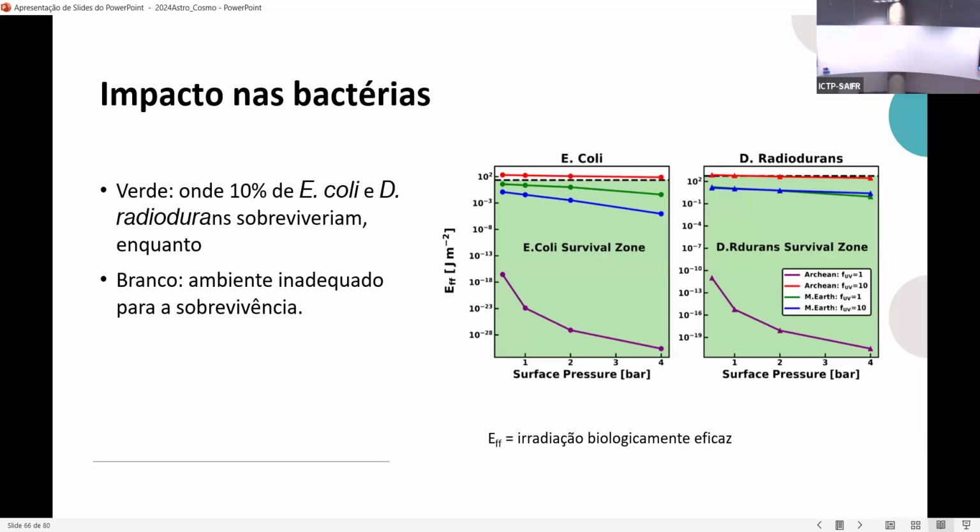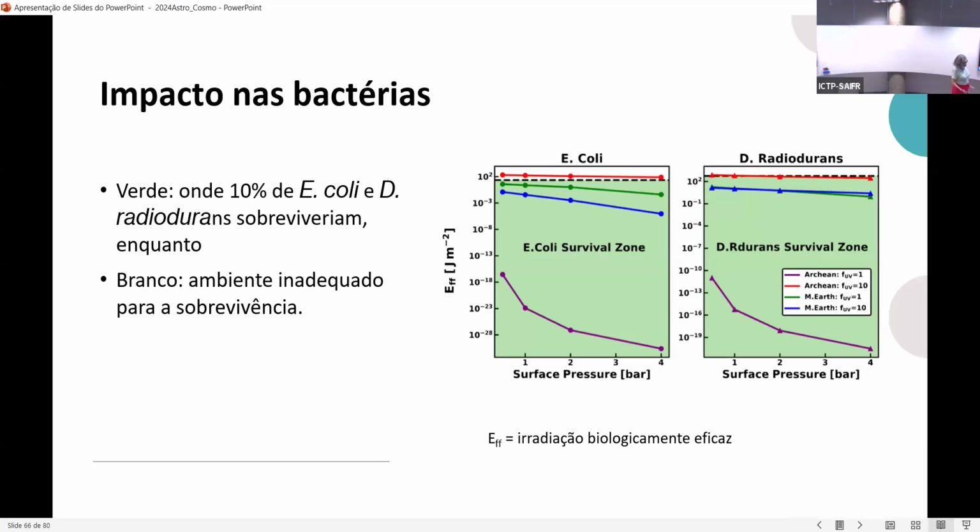In the actual spectrum, what we can see is that Escherichia coli will not survive, because it's outside of this green zone for an Archean atmosphere due to a flare, which would increase the ultraviolet flux by 10. But not in all circumstances; even in concentrated cases it would be fine, like even for the 0.5 atmosphere pressure.